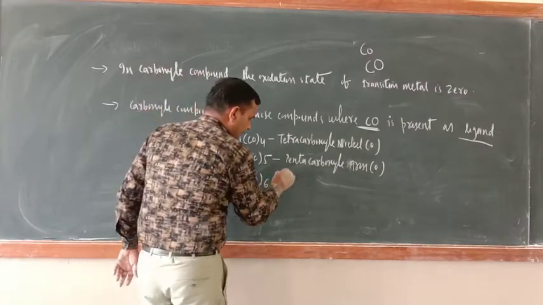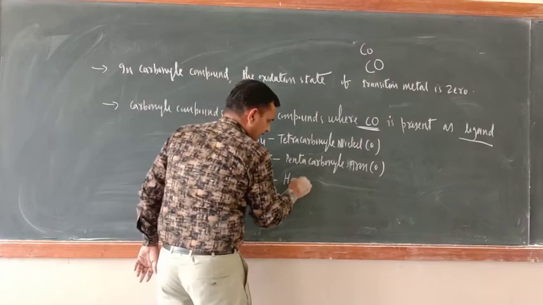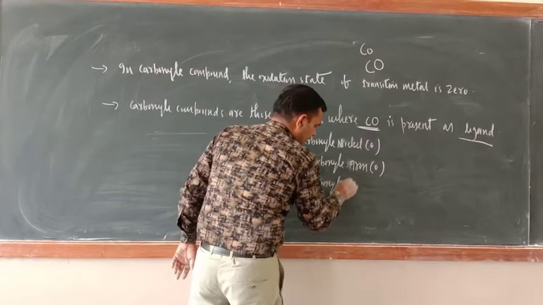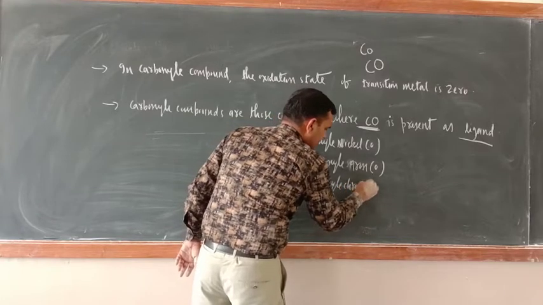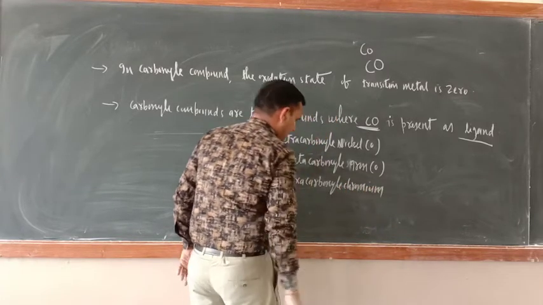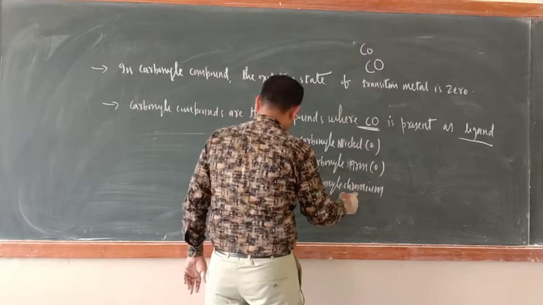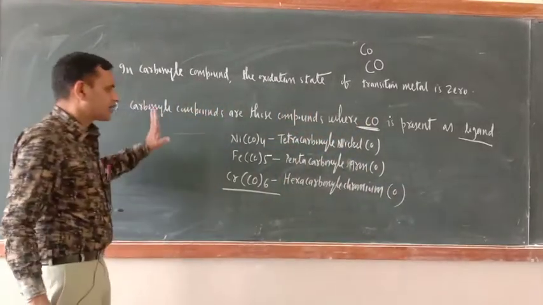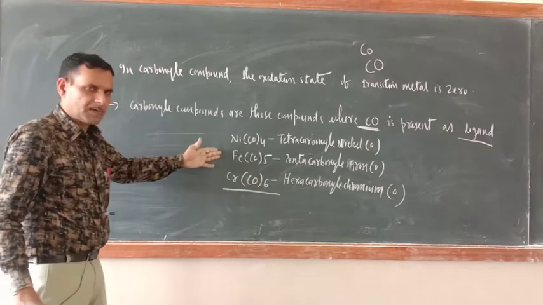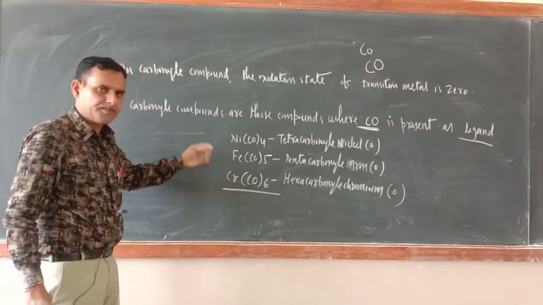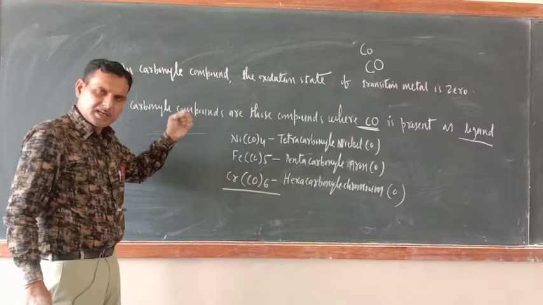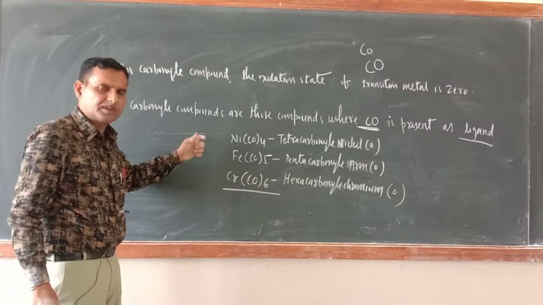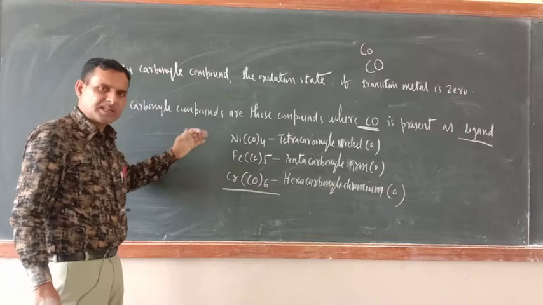Hexacarbonyl chromium, zero oxidation state. So just remember this one. These are transition metals only: nickel, iron, chromium. So there is one category of compounds where the oxidation state of the transition elements is zero.